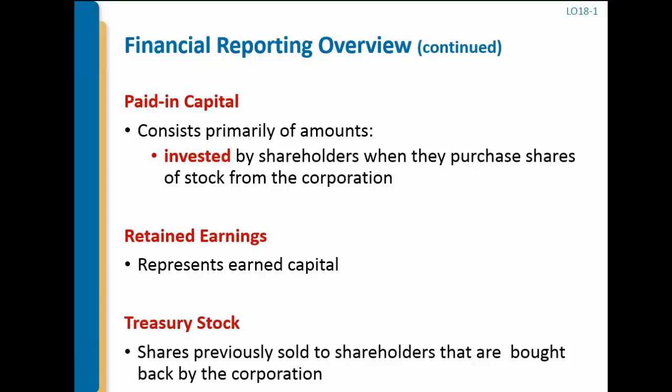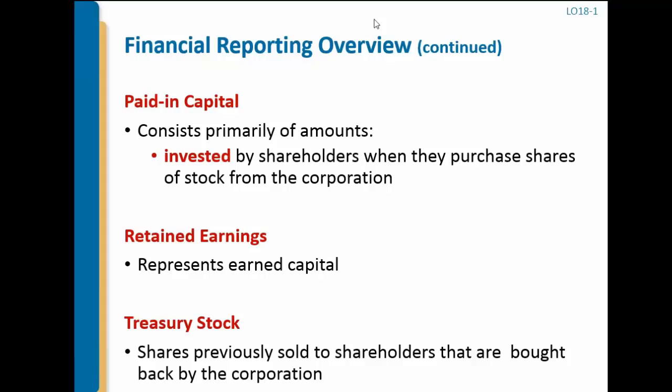And again, if you look at a financial statement and you don't see a column that says retained earnings, you're probably going to see a title that says accumulated deficit, and that simply means that they don't have earnings to retain, but they are retaining a net loss of the organization.